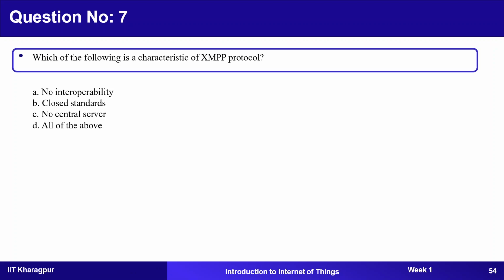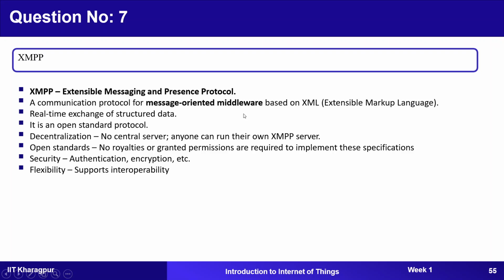XMPP stands for Extensible Messaging and Presence Protocol. It is a communication protocol for message oriented middleware which is based on your XML. Your XML is responsible for the exchange of your structured data. However, this XMPP is responsible for the real-time exchange of your structured data. It is an open standard protocol. It means that there are no royalties whenever you are going to use XMPP. It is decentralized. There is no central server. Anyone can run their own XMPP server.